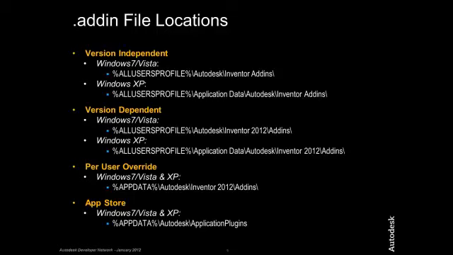The version dependent directory is specific to a certain version of Inventor. Here the directory is referenced for Inventor 2012, so if we want to load our add-in in Inventor 2013, we will need to place the .addin file in the Inventor 13 directory.